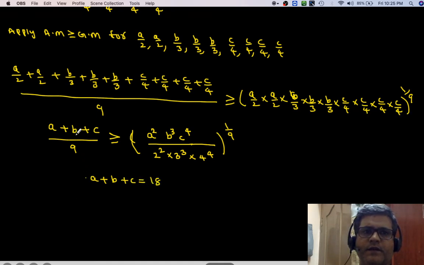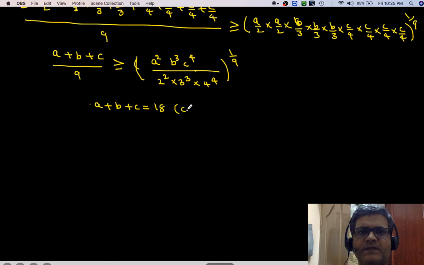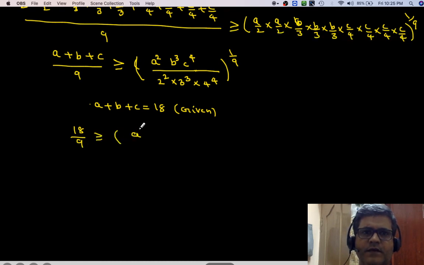So you put here the a plus b plus c value, which is given in the question. Therefore 18 by 9 is greater than or equal to a square b cube c power 4 over 2 square, 3 cube, and 4 power 4 can be written as 2 power 8, whole power 1 by 9.